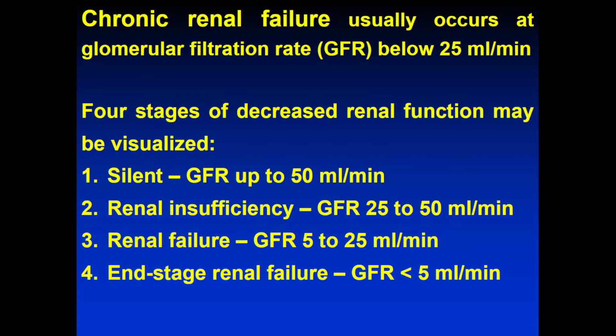Renal failure we define as a glomerular filtration rate in the range between 5 to 25 milliliters per minute, and at last the end stage renal failure when the GFR is below 5 milliliters per minute.